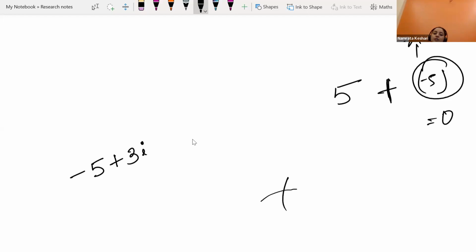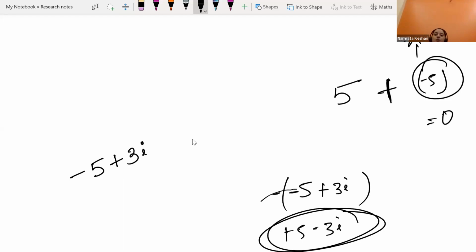Whatever you have, just put a minus sign in front of that and open the bracket. It was already -5, so minus minus will be plus, just 5 minus 3i. This is the additive inverse of the given complex number. When you add this complex number with the given complex number, the result will be 0. Getting it?